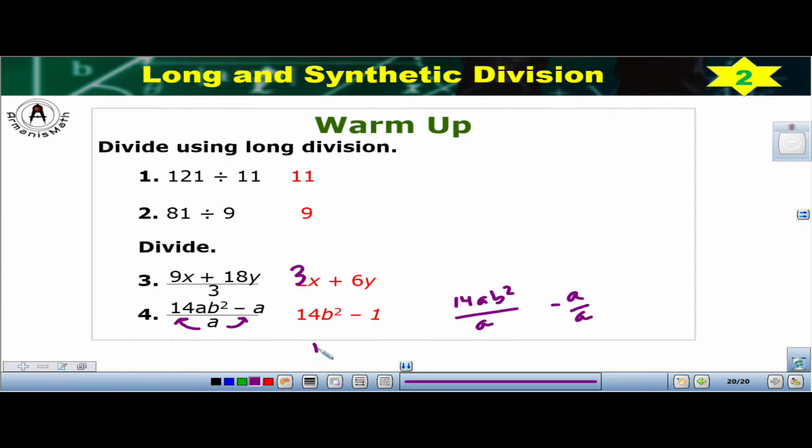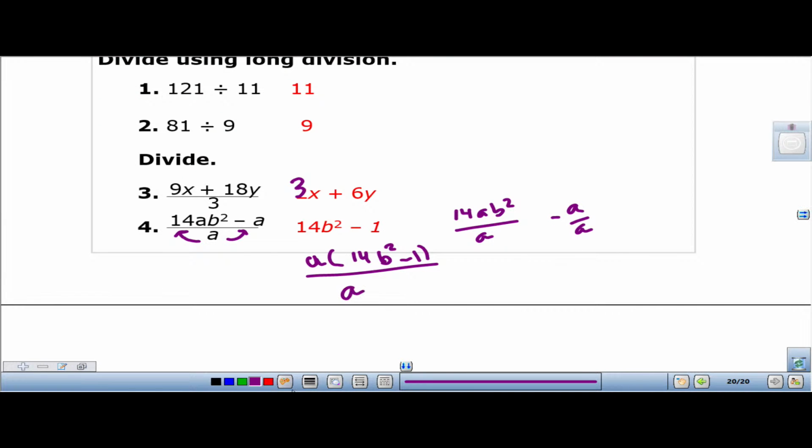But let's say that you have a open parentheses 14b. You could, I guess, do that. So let's do that here. -1 divided by the a. That's another way to do it. And then you could do like that, which leaves you again with the same answer. Alexia, you also could do it like that.